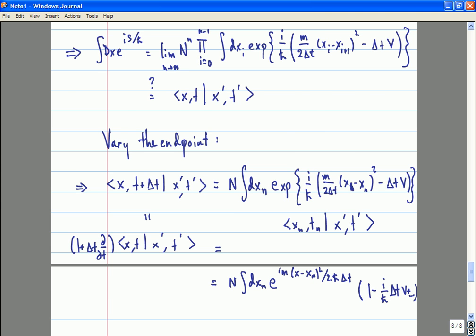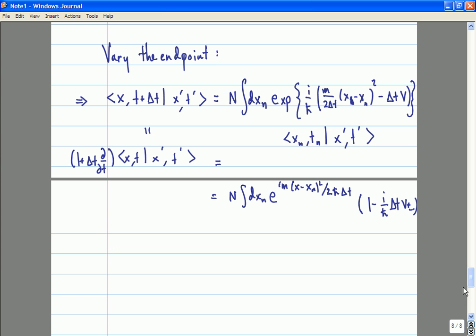And then let's imagine Taylor expanding this guy. So we want to understand a differential equation that's obeyed by the propagator as a function of x and t. Whereas on the right-hand side of this equation, we have a propagator at x_n and t_n. But x_n and t_n are going to be very close to x and t because delta t is very small. So I can then Taylor expand this. So this will be the propagator from x prime, t prime, plus the first order term in that expansion, which will be linear in x minus x_n.